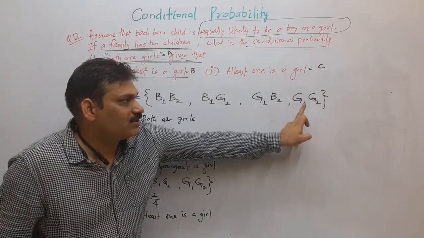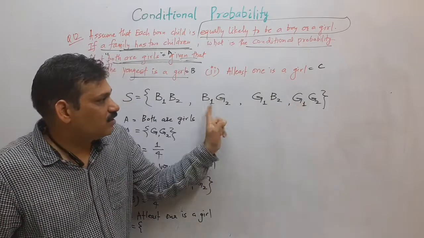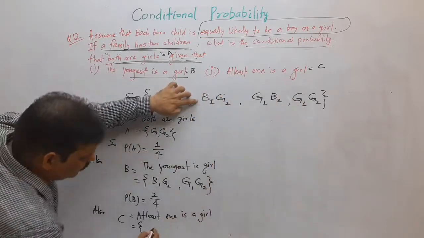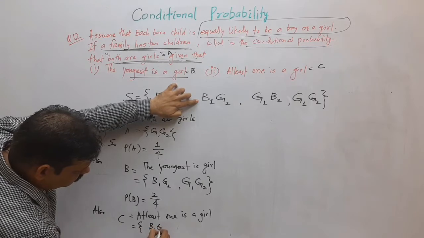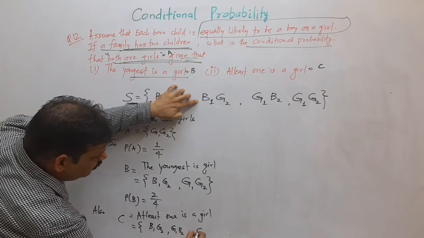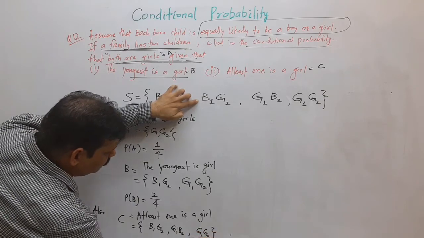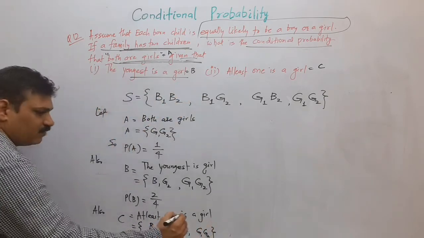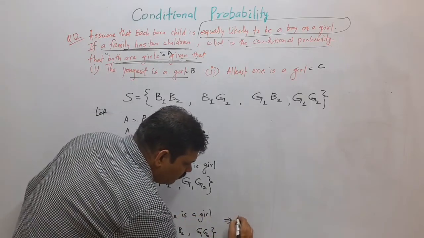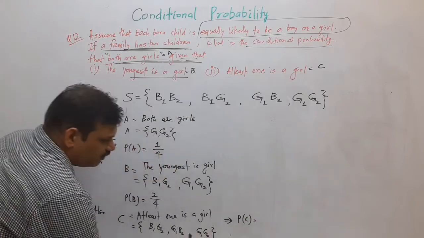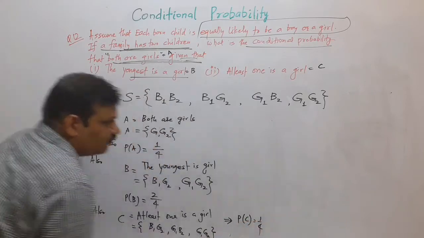And here both are girls, which means at least one is girl here. So these satisfy this condition: B1, G2, G1, B2 and G1, G2. If I ask probability of C, it will simply be 3 by 4.